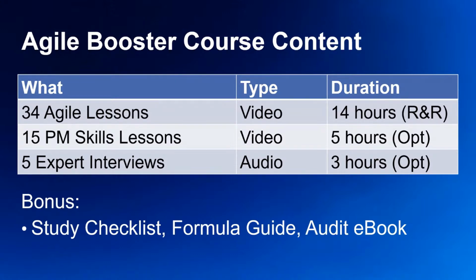So that's 5 hours. We have labeled those as optional. And we also have 5 audio interviews with experts from around project management. And those, again, are more about skills and business environment. Again, that's why we labeled those optional. So this is the Agile Booster Course. That's why Agile is required and recommended. There are also a few bonus items that you get along there.